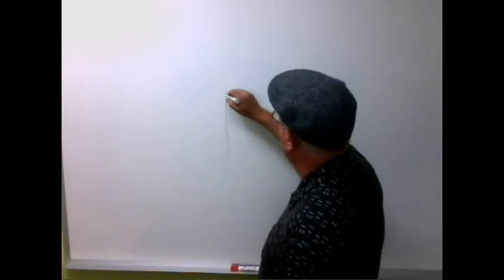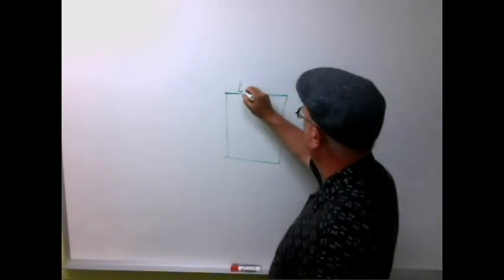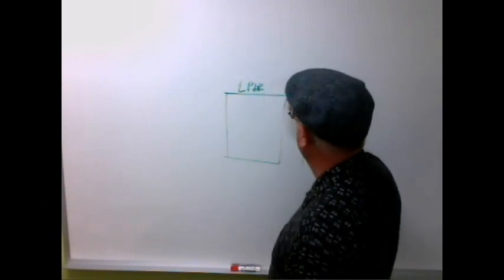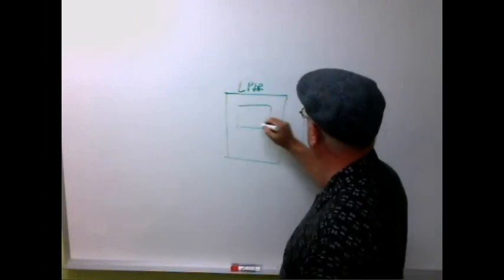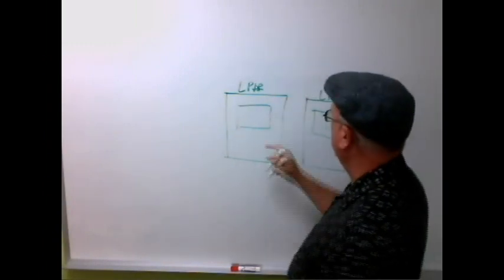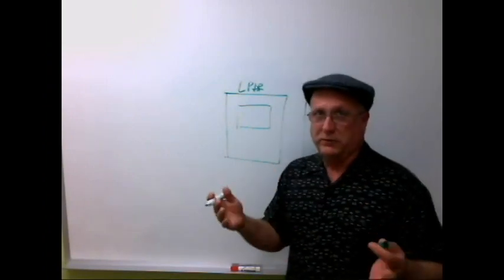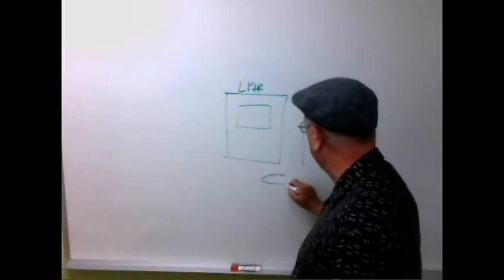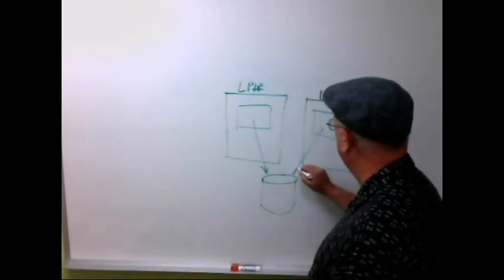But what we would have is we could set up two LPARs, and we would then have DB2 subsystems within this. Now, because we are in a data sharing environment, which means that data is shared, as we said, by definition, we can now have the data that's viewed from both sides.